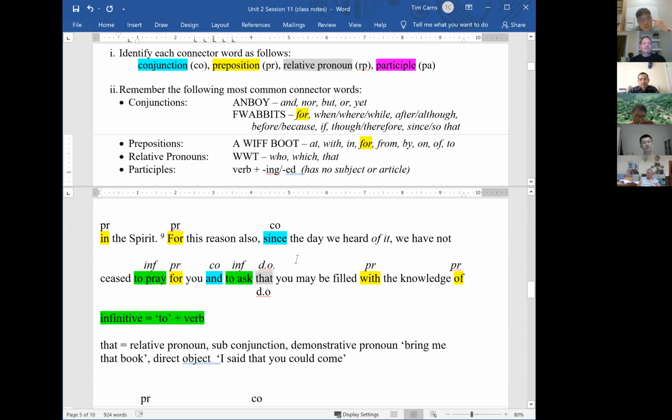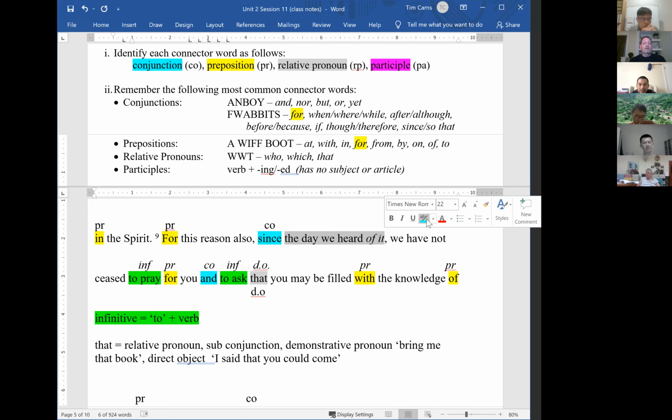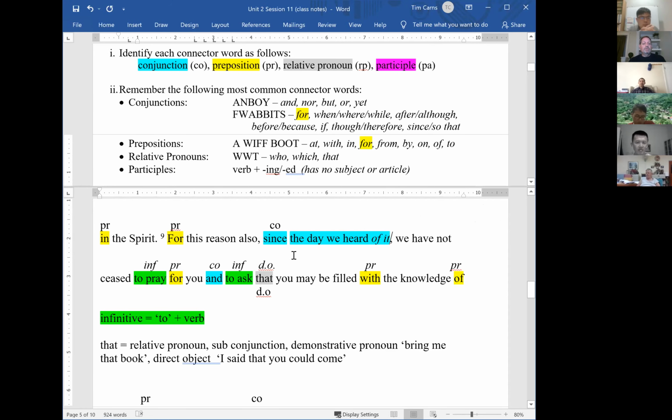Yeah, that's a good question. How would that work here? Since is introducing this entire clause, or it's connecting this entire clause here to ceased. We have not ceased since the day we heard of it.